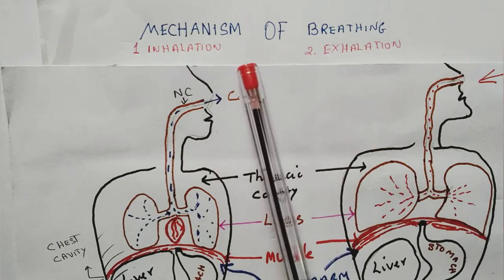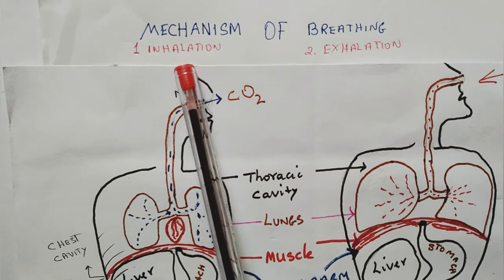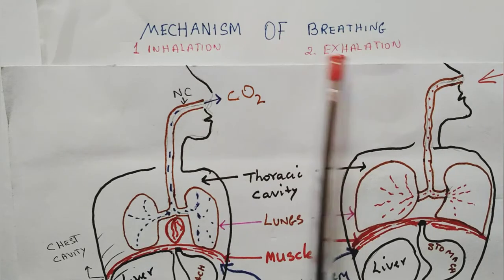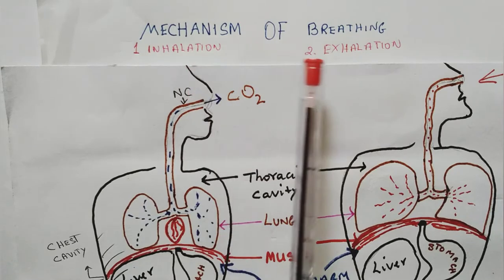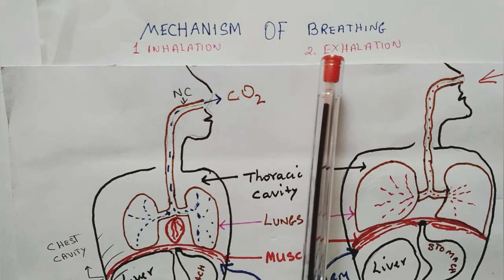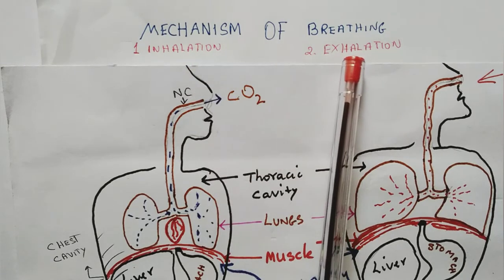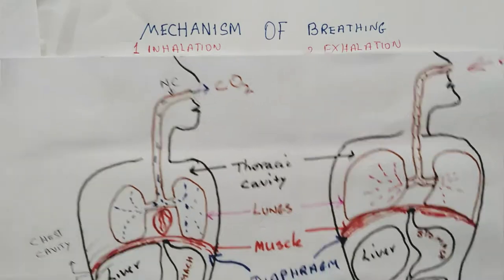So in breathing, we have to do two things here. We breathe in and we breathe out. Breathe in means inhalation. Breathe out means exhalation. In inhalation, you take in oxygen, and in exhalation you take out carbon dioxide. Look at this diagram.